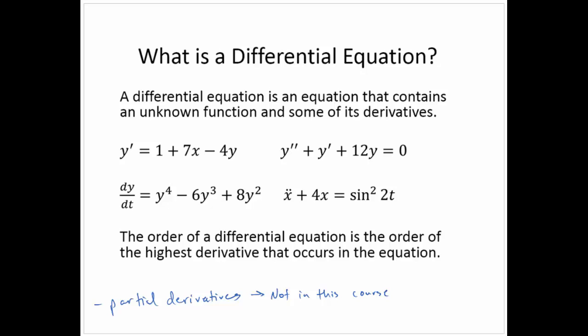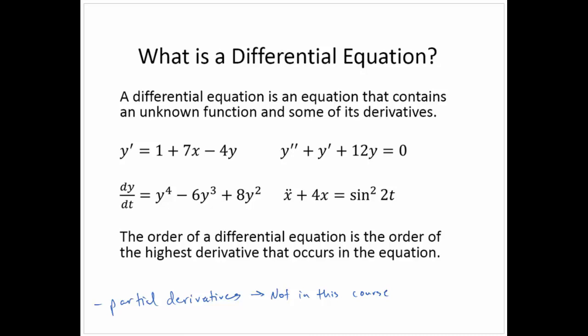You generally learn about partial derivatives in a Calculus 3 course, and then you can start studying partial differential equations. We're only going to look at a few cases of what are called ordinary differential equations, or ODEs. So these are all examples of ordinary differential equations.